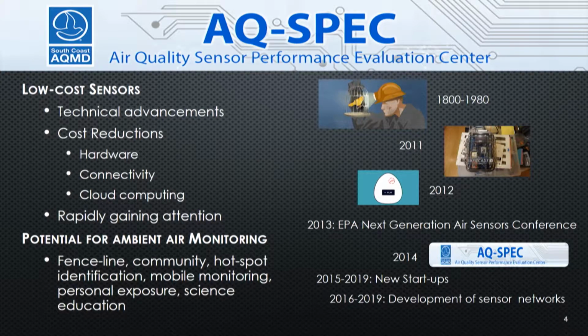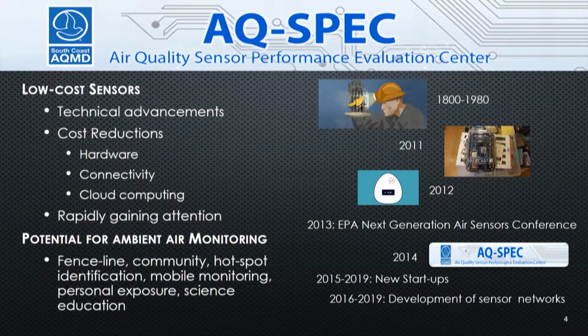Then in 2012, the Air Quality Act came out, and EPA recognized this movement. In 2013 was the first Next Generation Air Sensors Conference. South Coast responded to this emerging marketplace of low-cost sensors in 2014 with the creation of AQ-Spec.